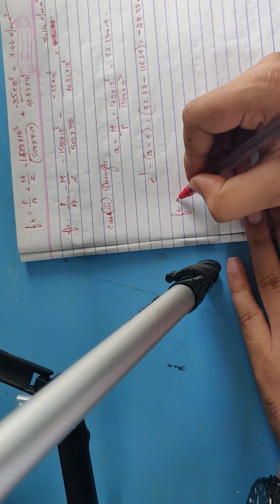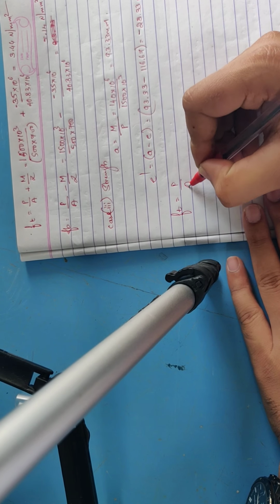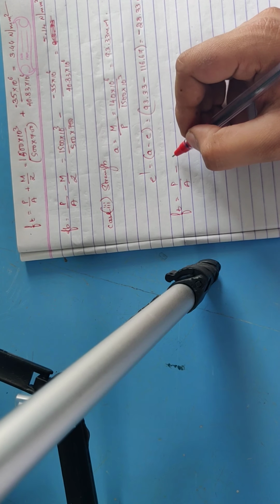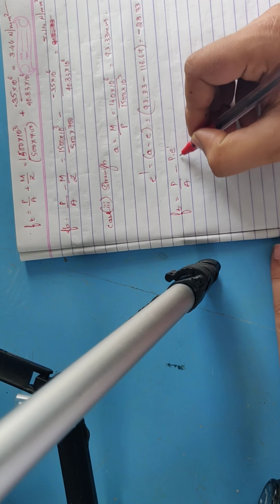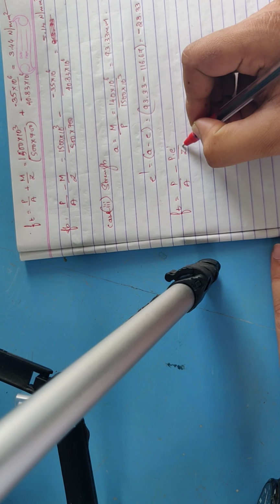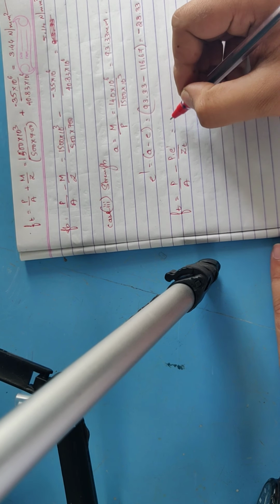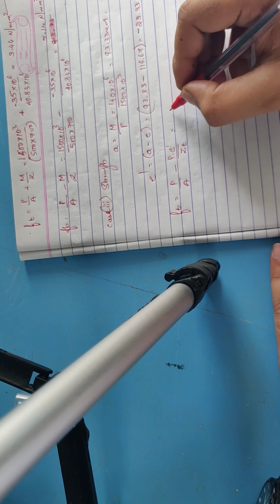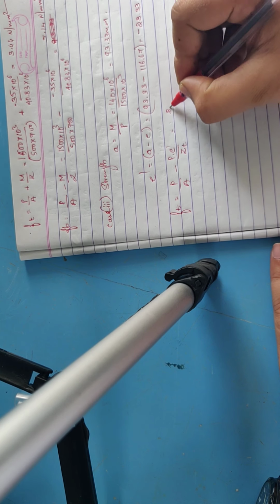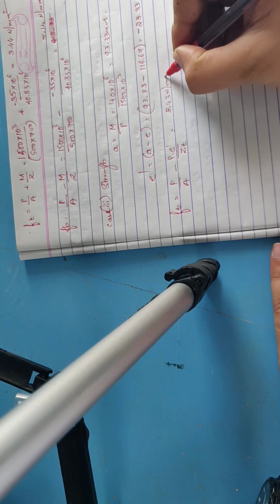We have the formula ft equals P upon A minus P into e dash upon Z. Substitute here, you will get the value of 3.43 Newton per mm square.